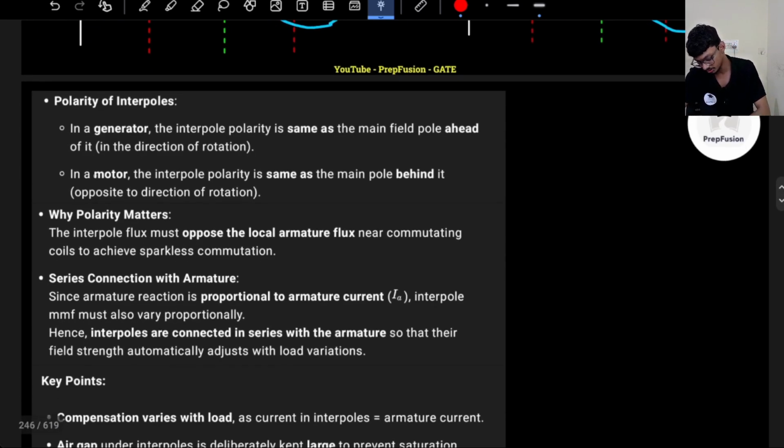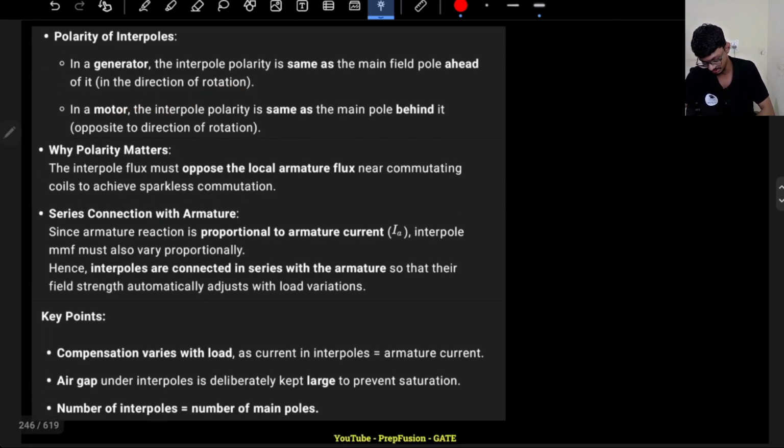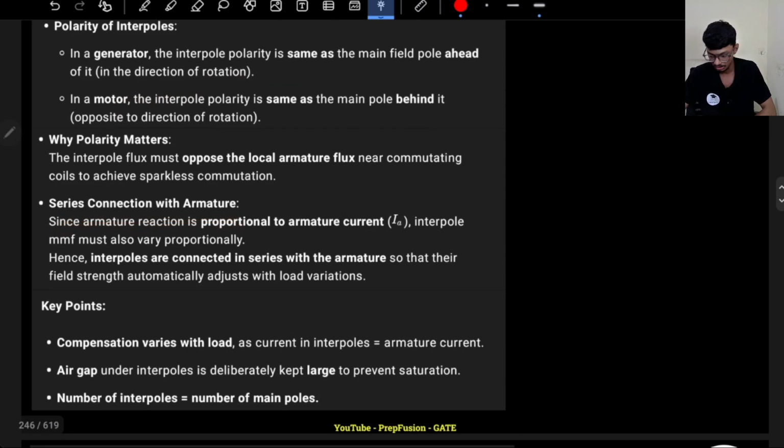The polarity of interpoles, you can read why it matters, all those things we have discussed. Why series connection with armature? Since armature reaction is proportional to armature current, the interpole mmf also should vary proportionally. If armature current is higher, more magnetic flux will be generated by the conductor, and we want to cancel out the same flux.